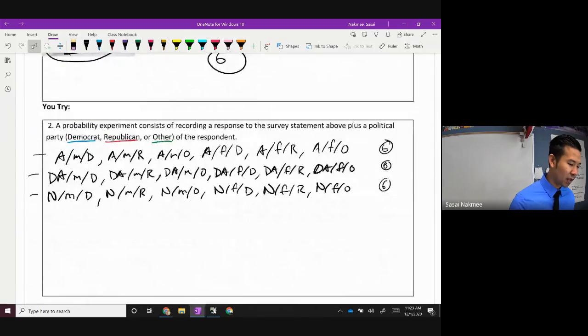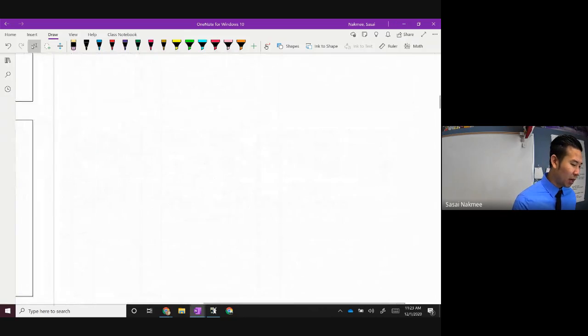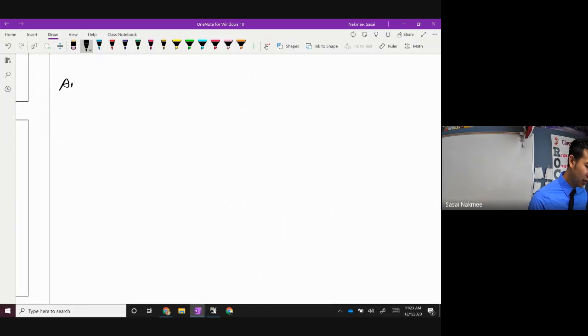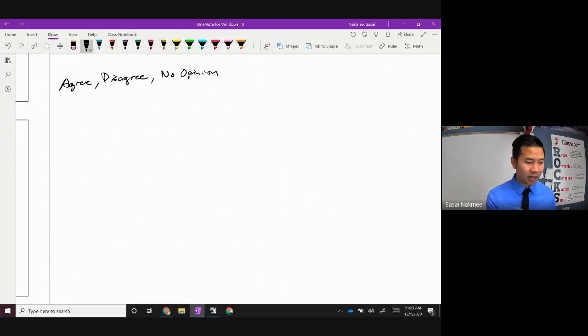So I'm going to put this to the side. We were dealing with 3 options here, right? Agree, disagree, no opinion. What you can do is branch these out. This is where we're starting off, and you could branch this out.